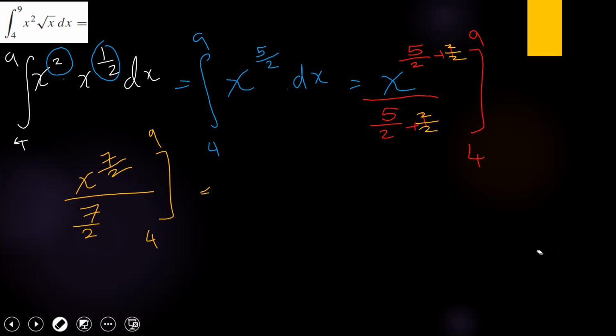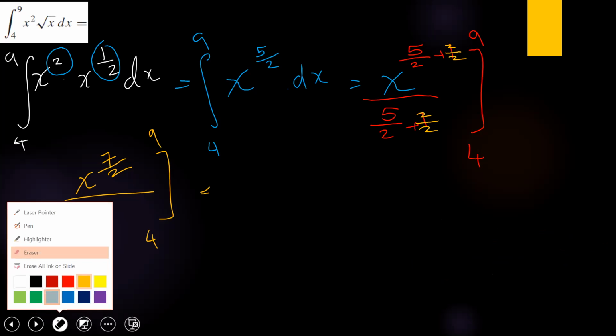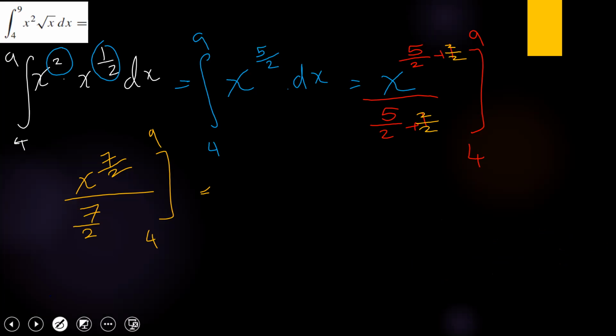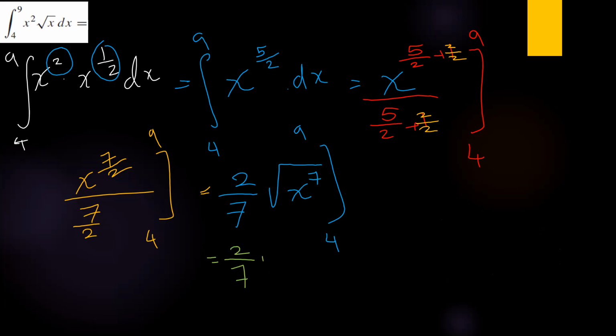Okay, then after that, let's continue. It is 2 over 7 square root of x to the power 7, from 4 to 9. Then it's 2 over 7 square root of 9 to the power 7 minus 2 over 7 square root of 4 to the power 7.